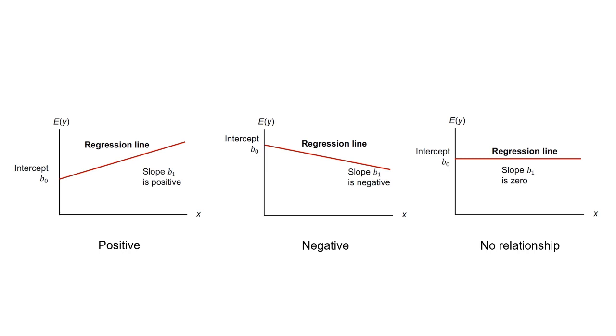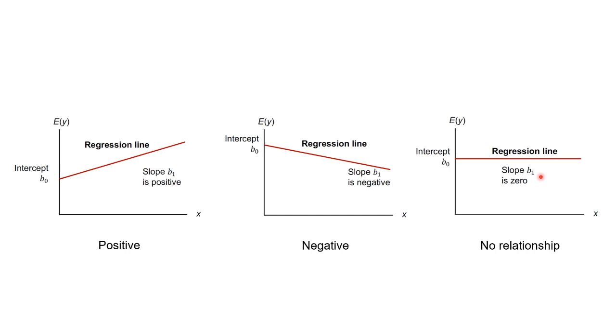In each of the possibilities, you have the x-axis, which is the independent variable, and the y-axis, which is the dependent variable. And the line may be going up, going down, or horizontal. If it is going up, it is positive. Going down, it is negative. Horizontal means there is no linear relationship.